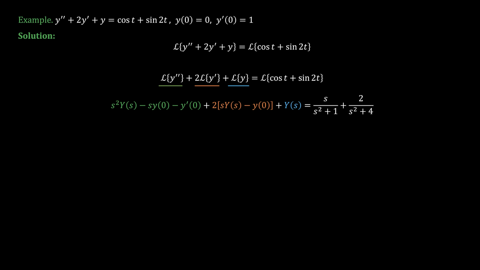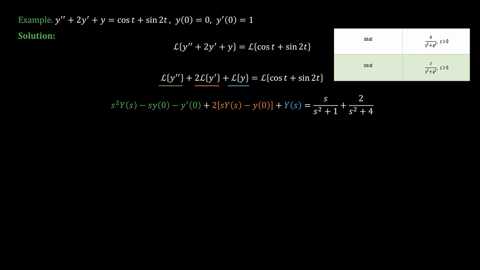The right-hand side is going to be a little tricky. We're going to be referring to the Laplace transform table here, and we're going to use it for the sine and cosine functions. So for this first piece right here, where did I get the s over s squared plus 1? Well, that's going to be the cosine formula right here. So s over s squared plus a squared. And if we look at our cosine function, my a value there is going to be a 1.